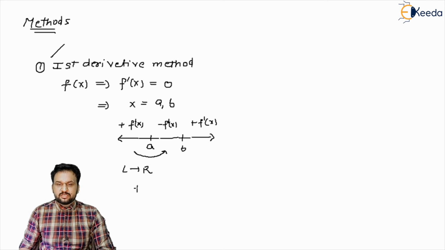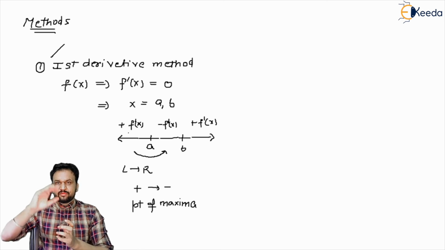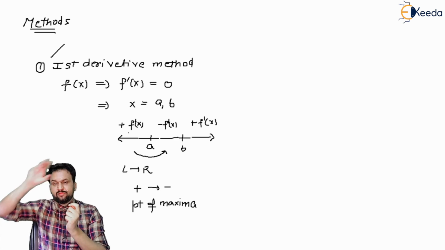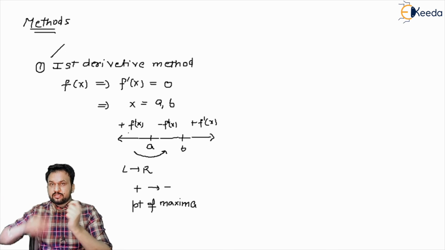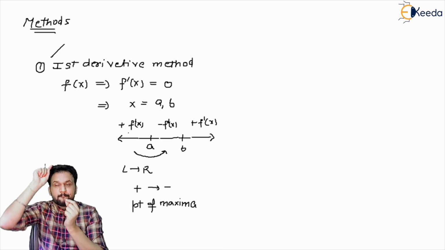If you get positive to negative, it is known as a point of maximum, because somewhere you got a positive gradient, and then it moves downward, giving a negative gradient.